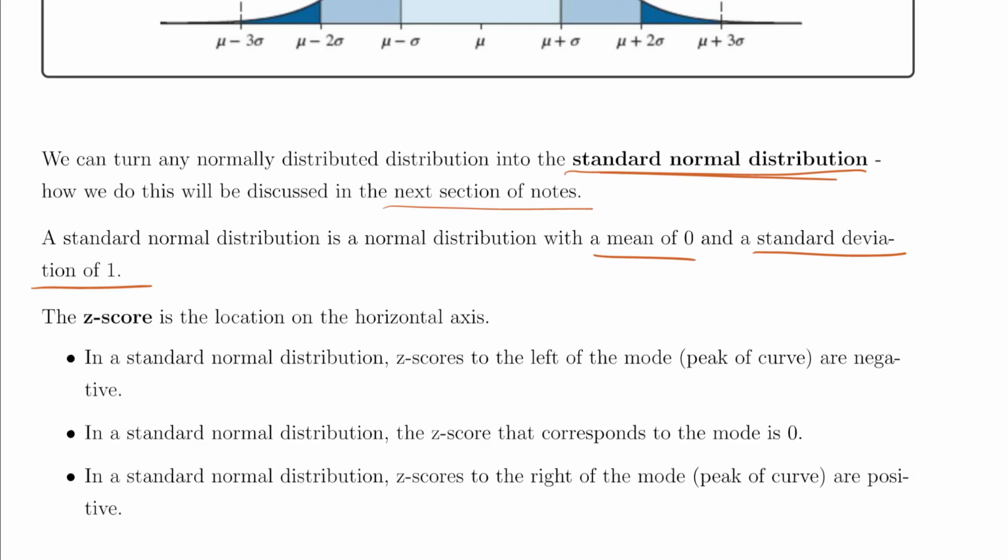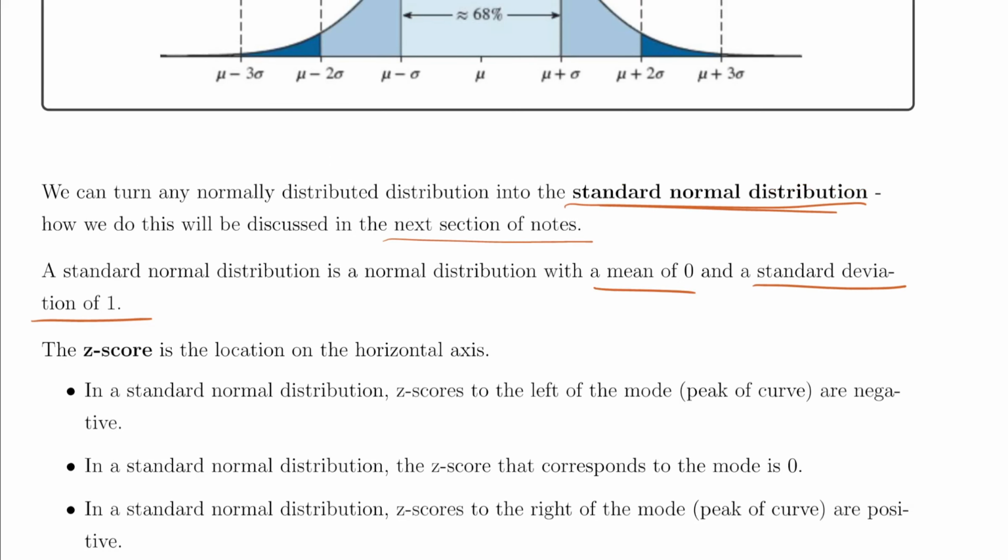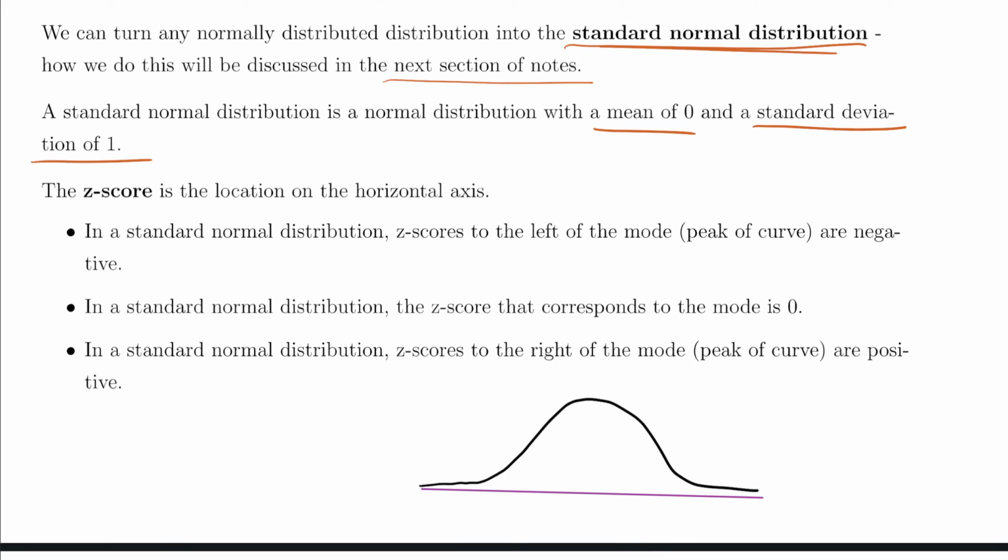Now the z-score should be seen as the location on the horizontal axis. So the z-score will come from values on the horizontal axis of our probability distribution. Now we know that if I have my normal distribution that is in fact a standard normal, the peak of the graph corresponds to the mean, but the mean is known to be 0.